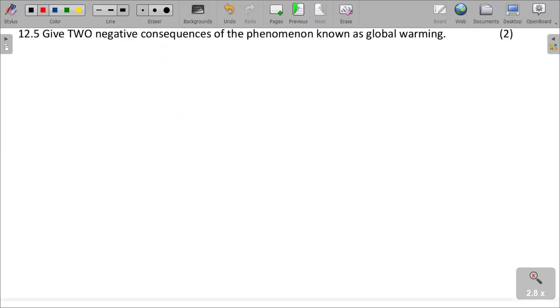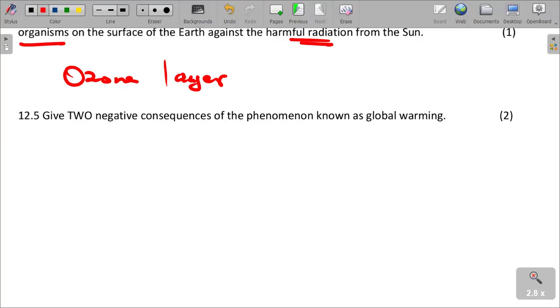And then give two negative consequences of the phenomenon known as global warming. Global warming, we are talking about an extensive increase in global temperatures. That increase in global temperatures is what we call global warming.